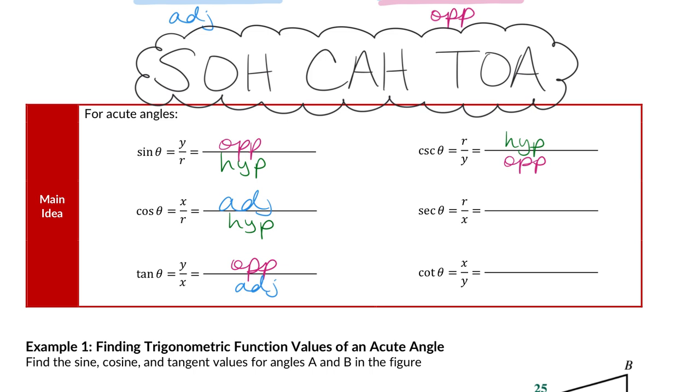Secant would be defined to be the hypotenuse over the adjacent, the reciprocal of cosine. And cotangent would be the adjacent over the opposite, which is the reciprocal of tangent. So again, we have all of these definitions, but if you can remember SOHCAHTOA, you got it all.